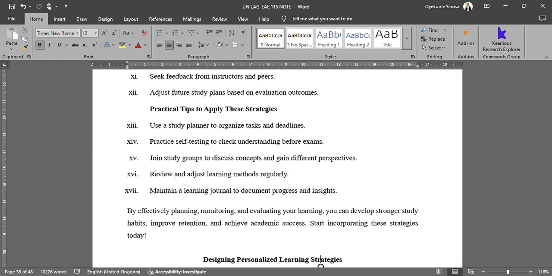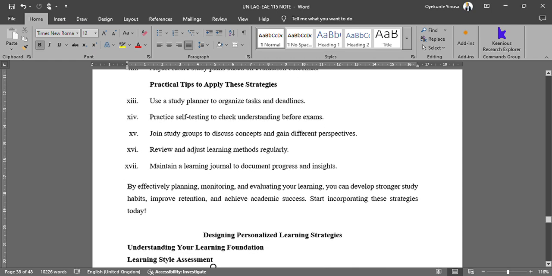Review and adjust learning methods regularly. You must also be reviewing so that you know the one that works best for you, the ones that you can combine, and the ones that you need to discard if they are not helping at all. Lastly, you must maintain a learning journal to document progress and gain insight.